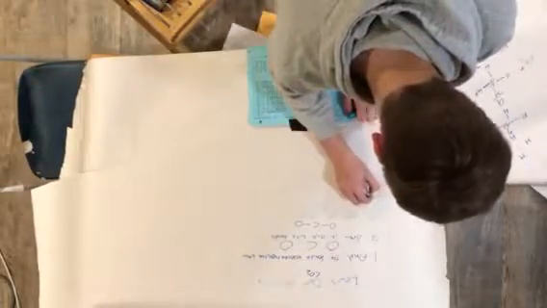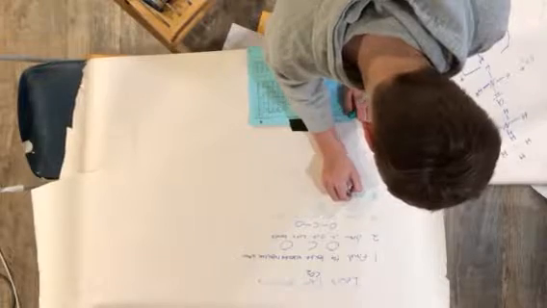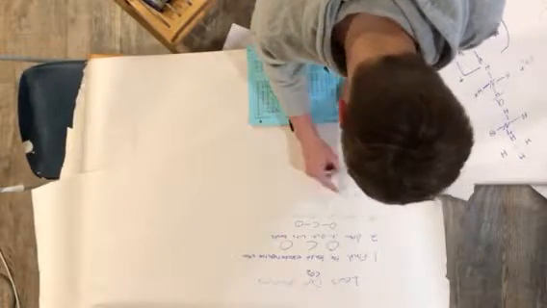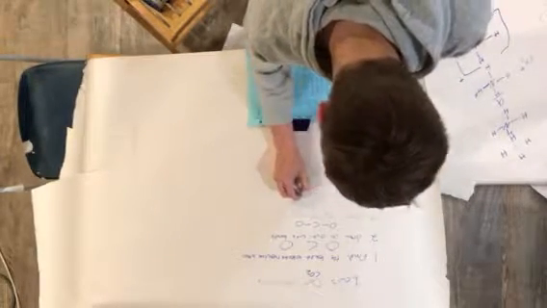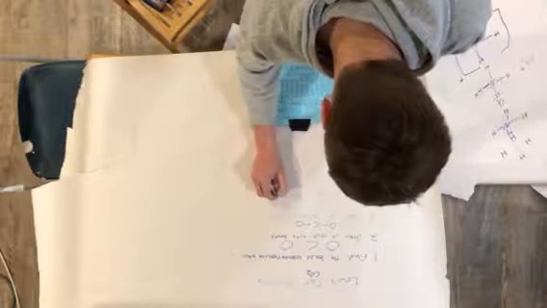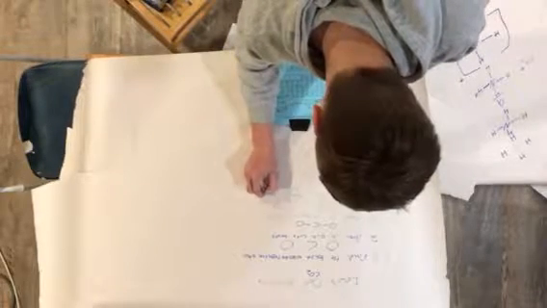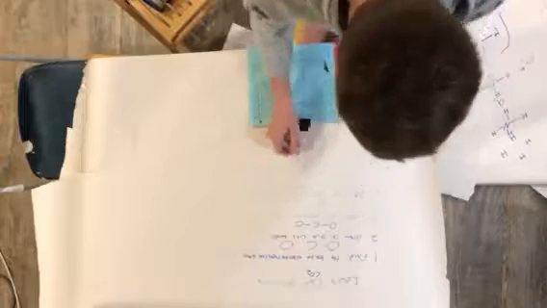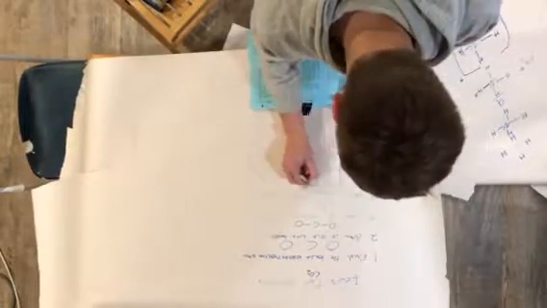For the next step, you draw the electrons on. So it's oxygen, carbon, oxygen.